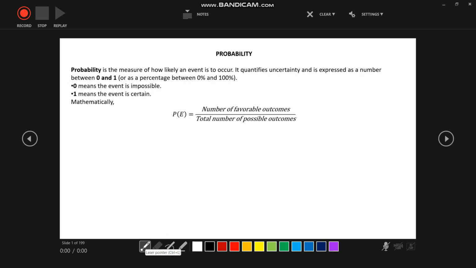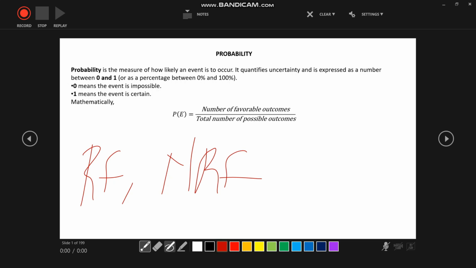So our possible outcomes here are rainfall, no rainfall. So the number of possible outcomes is 1, 2. So the total number of possible outcomes is 2. So this denominator will be 2.